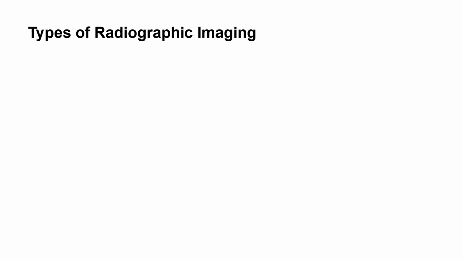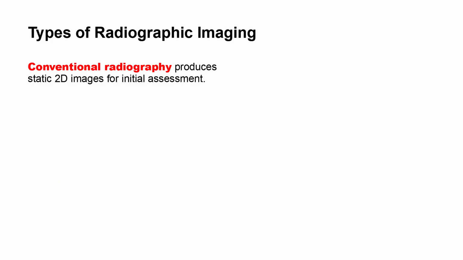So then now we have different types of radiographic imaging. We have conventional radiography, which produces static 2D images for initial assessment. So conventional radiography produces 2D images, which are very important for initial assessment.